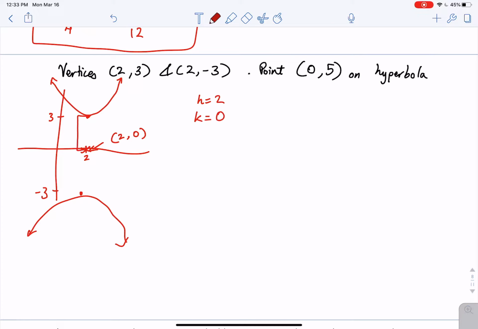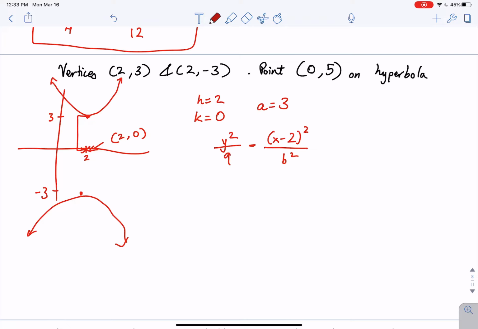I know that I'm going out 3 units to get to the vertex, which means a is 3. But I don't know what b is. But just knowing h, k, and a, I can write most of the equation of the hyperbola. This is vertically opening, so the y term comes first. So I go y minus 0 squared, so just y squared over a squared, minus (x minus 2) squared, over b squared.